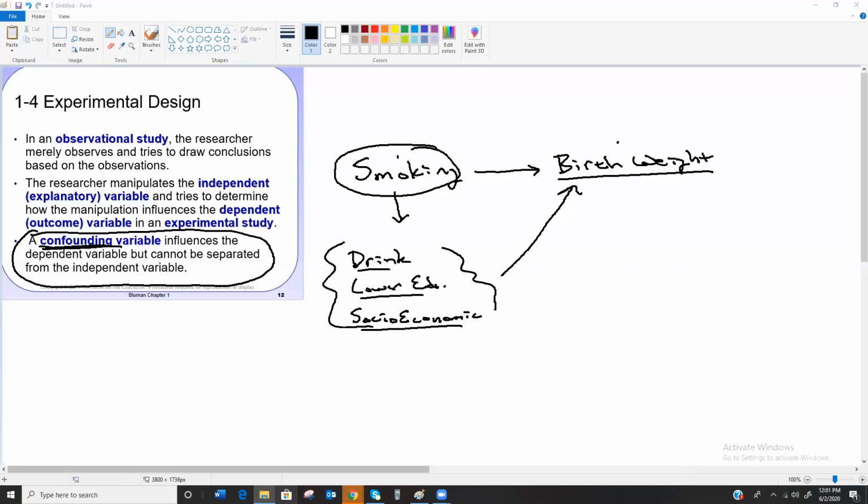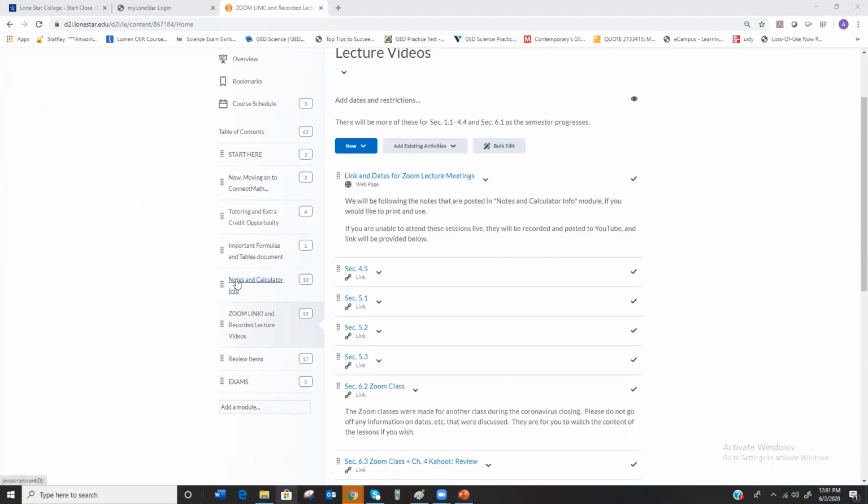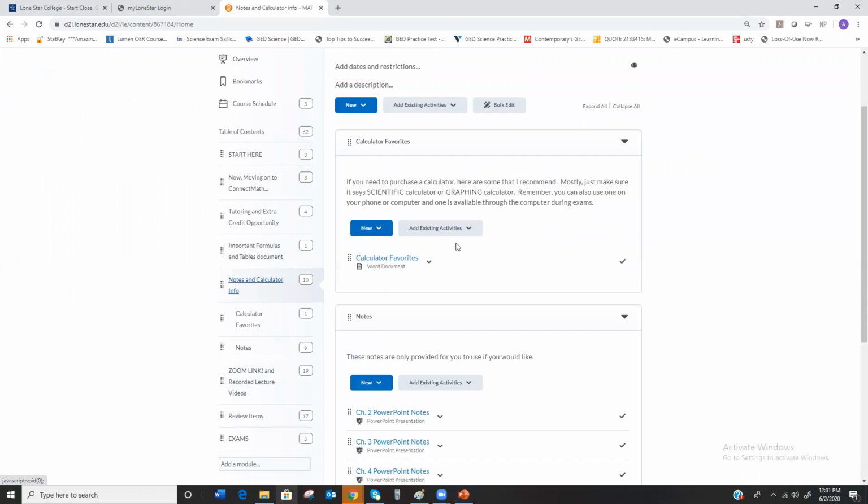Don't forget, if you want to print off the notes, let's see if I can get to it. It may have kicked me out because I was gone too long. Nope, here it is still. After today, I'll have a link up here that says chapter 1, and the video that we just did will be here. If you go to notes and calculator info, the PowerPoint notes for chapter 2 are right here.